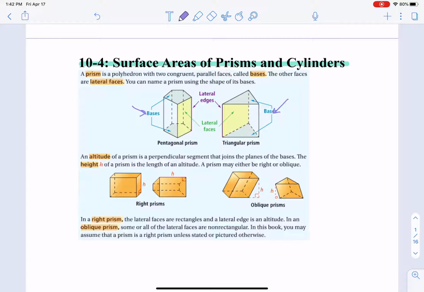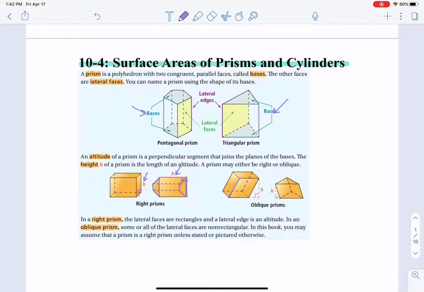The altitude is the height. Notice here, this is still the height because it's sitting on its side. These are the bases that are the same and parallel, and it's just sitting sideways. It can be either right, meaning it's a right angle right here, or they call it oblique, where it's slanted a little bit.